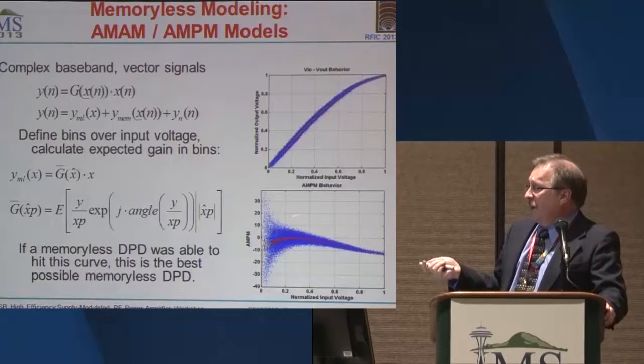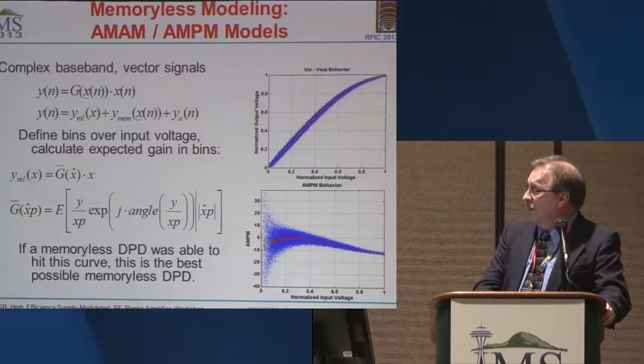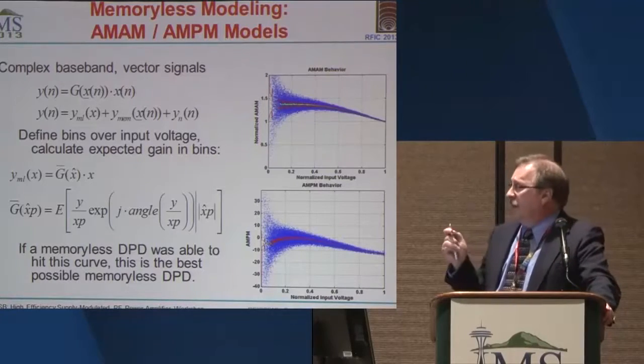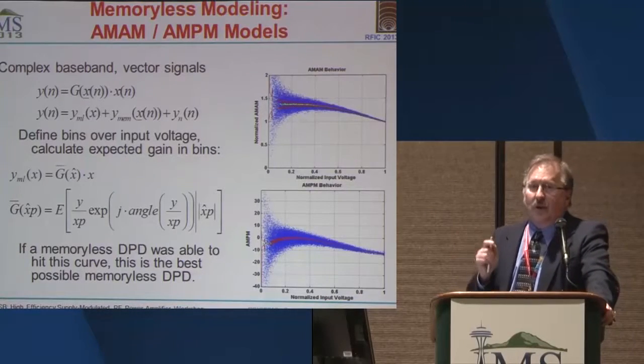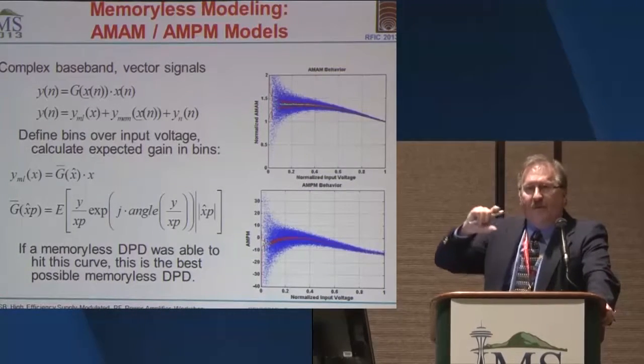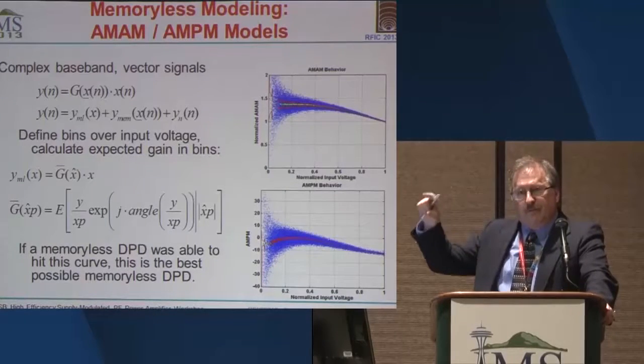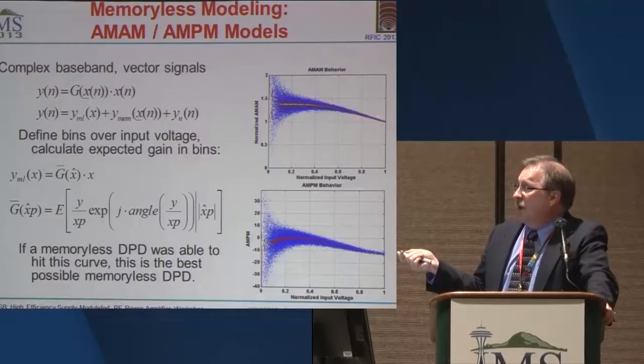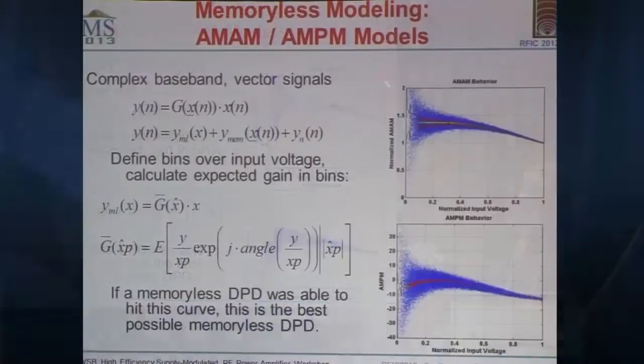Well, if we look at the AM to PM, or if I flip the V in versus V out to gain versus V in, you can see that there are 2 things going on here. One is the waveform has a probability distribution function to it. I don't have many points up here at the peak, and I don't have many points down here at the low end. But I have a lot of points in the middle.